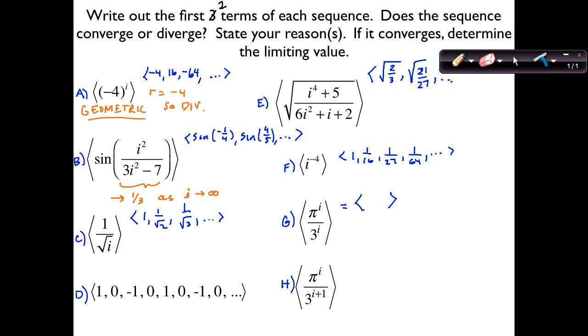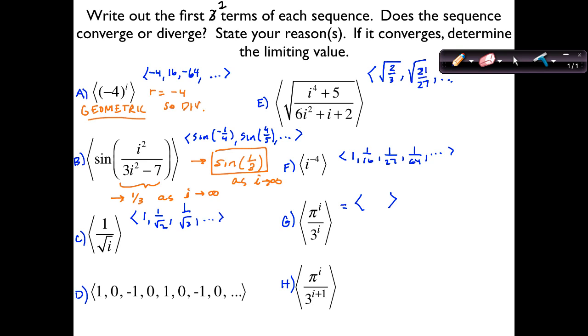So that thing in the parentheses goes to 1/3 as I gets big, and therefore, what will this sequence do? If that thing approaches 1/3 and that's the sine of all those terms, then it'll approach sine of 1/3. So this converges to sine of 1/3.